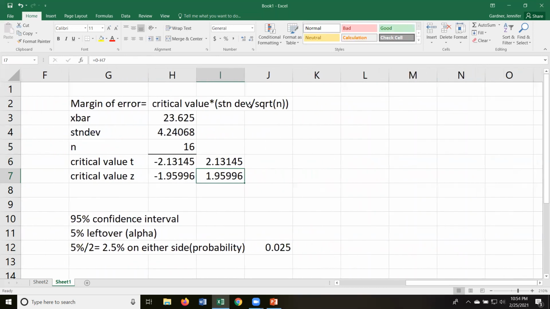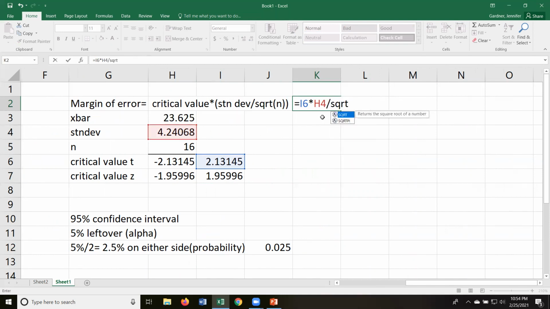Okay, so this is the formula for margin of error. Equals the critical value times standard deviation divided by the square root of n. It's all right here. Equals the critical value times the standard deviation divided by SQRT, that's the square root of n.